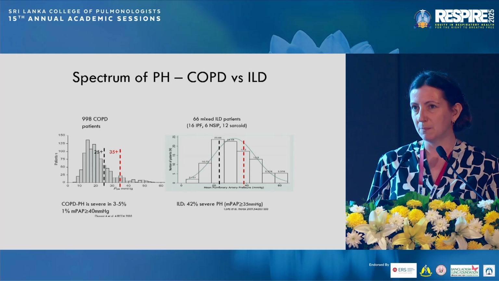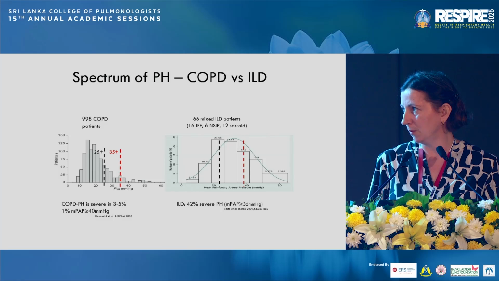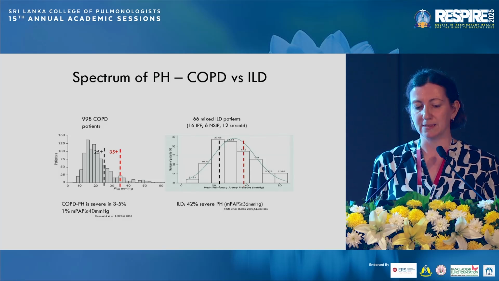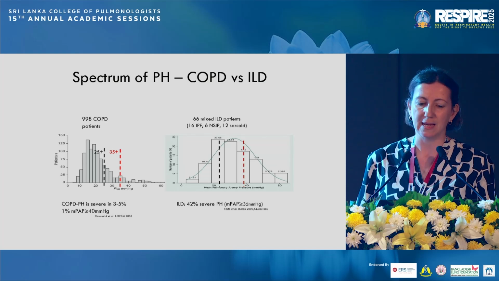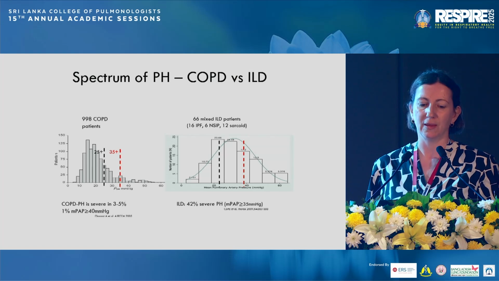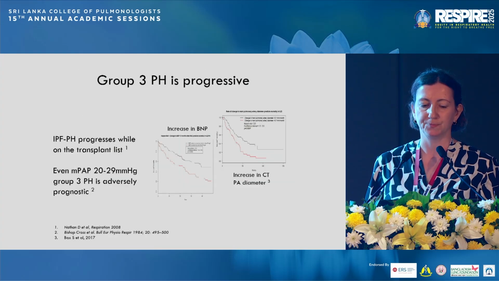So COPD, mostly mild pulmonary hypertension, very few, but important few, have severe pulmonary hypertension. And we really want to find those patients, and more of that later. Whereas on the right curve, bell-shaped distribution, many more patients with ILD have a more normal distribution of the pulmonary pressure. So larger numbers of patients with severe pulmonary hypertension.